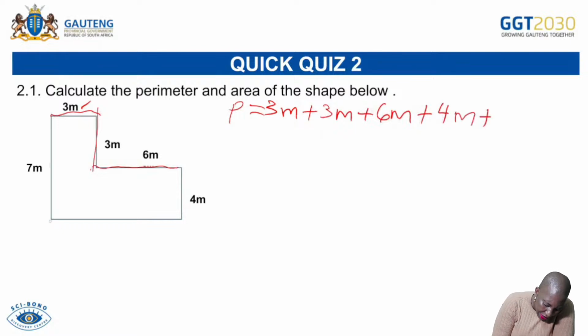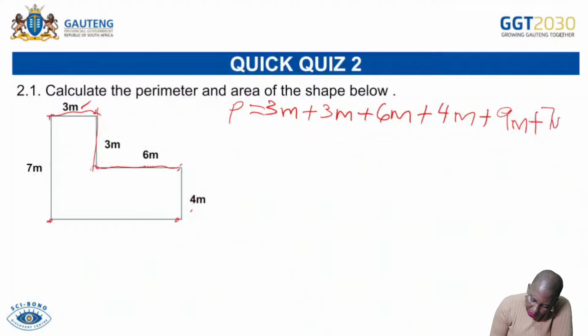Now when you check the distance from here up until here, it's 3 meters, and then from here up until here, it's 6 meters. So the total distance will be 9 meters, and then plus the height from here up until here, which is 7 meters. You can check from here up until here, it's 4 meters, and from here up until here, it's 3 meters. 3 plus 4 is 7 meters.